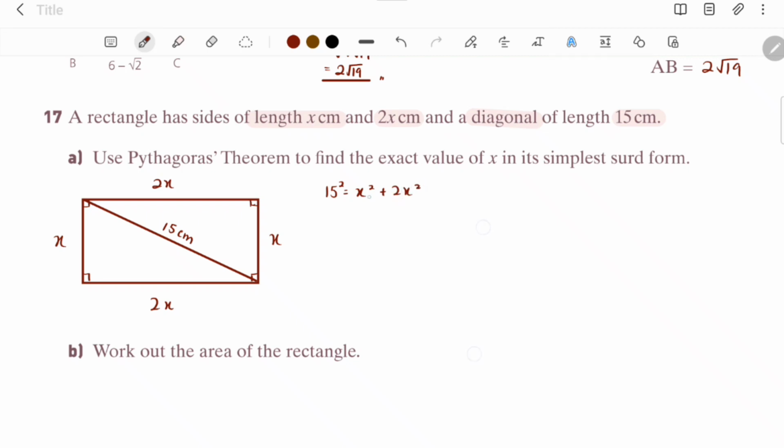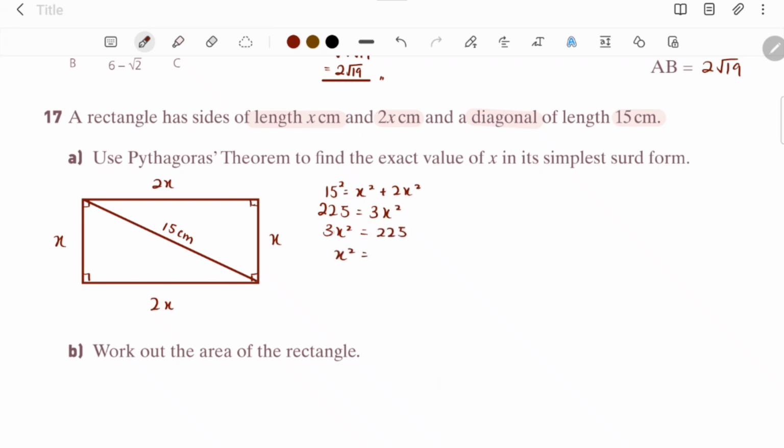So combine them. 15 squared you should get 225. X squared plus 4x squared, 5x squared. Okay, you can switch the sides first to make it easier to answer. So 5x squared equals 225.